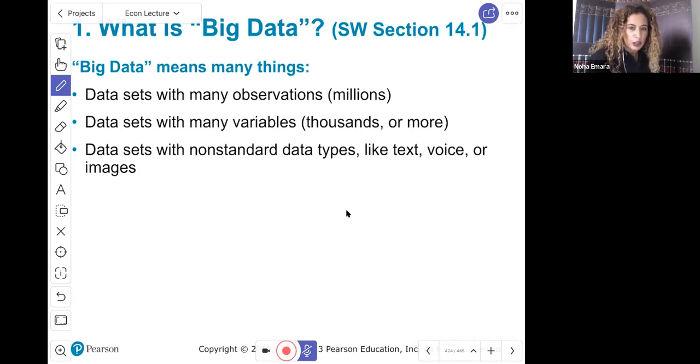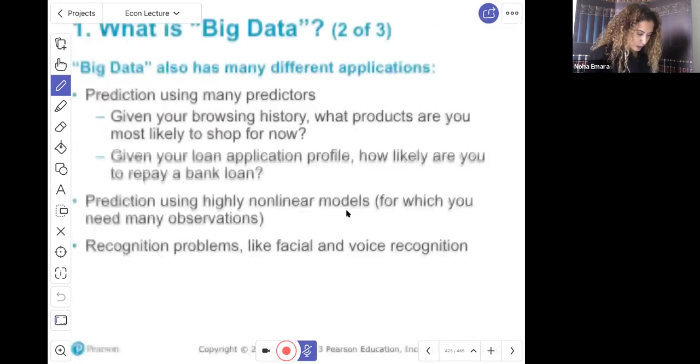It could be a voice note, an image, any other non-standard data type, a figure, a graph. These are called non-standard data because they're not the regular numbers that we use to collect and analyze. But it's still important because it gives us information about people, individuals, patients, countries, whether this is a text or an image. It's still a part of the information, and it's going to be important information.